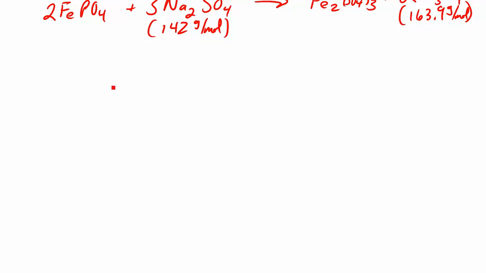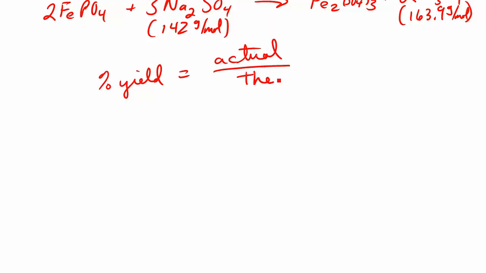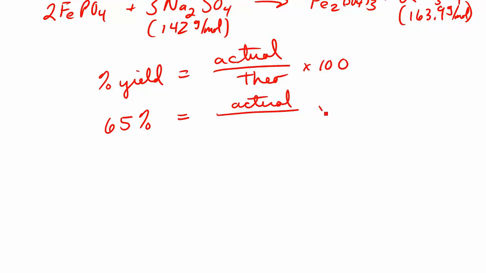Okay, so let's just kind of lay out where we're headed. We have percent yield, all right, is actual over theoretical times 100. And in this problem, it gave us that we had 65%, and it wants us to find the actual. So that means I need to calculate the theoretical to substitute in there.